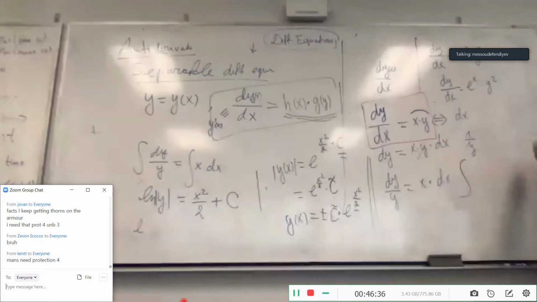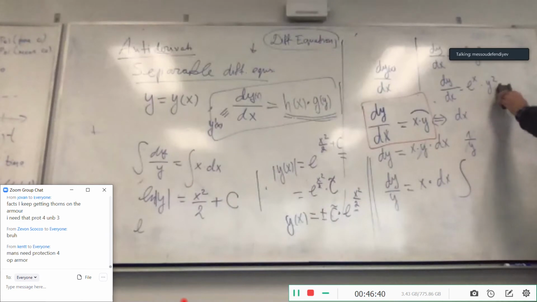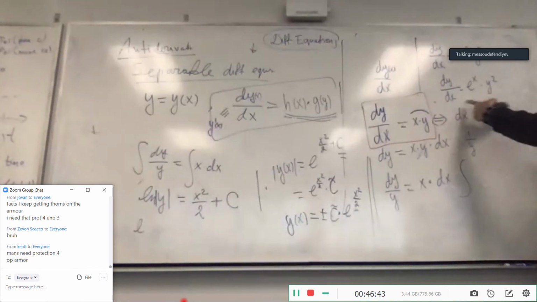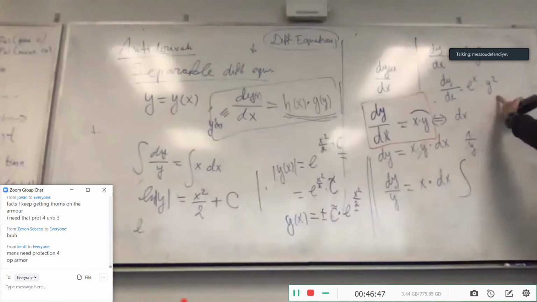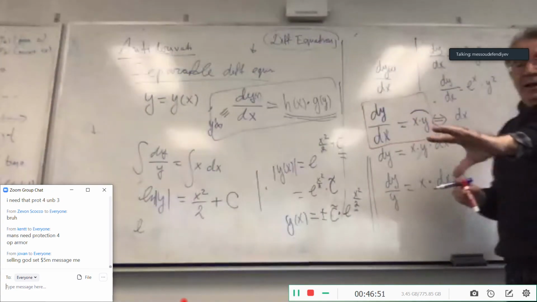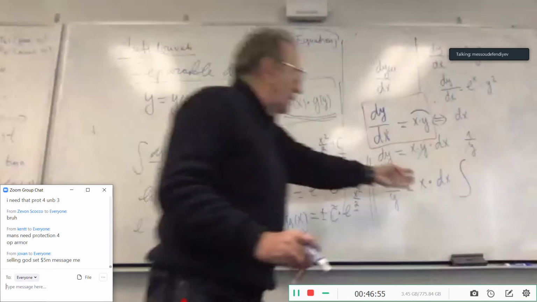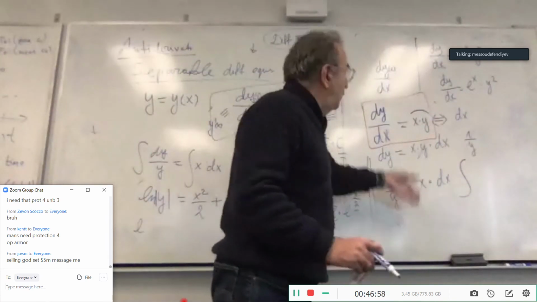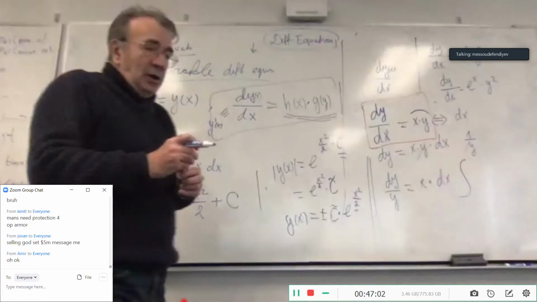The strategy is the same. You have to multiply by dx, and after that multiply by 1 over y squared, and bring it to the form where on one side you have an expression in y, and on the other side an expression in x. It could be different depending on the equation. And then integrate, and you know how to integrate.